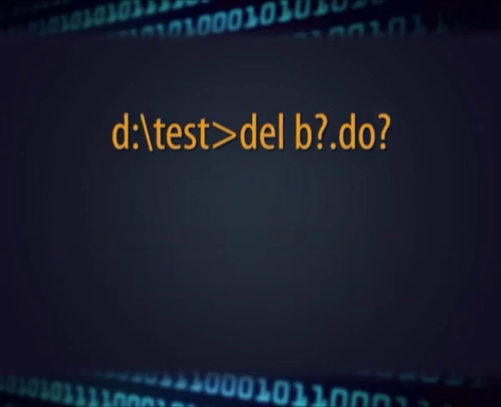Another example is d:/test prompt, del space b question mark dot do question mark. This command will delete files with 2-letter names in which the first letter is B and the second will be any character, and with extension do followed by any one character, like doc and dot.